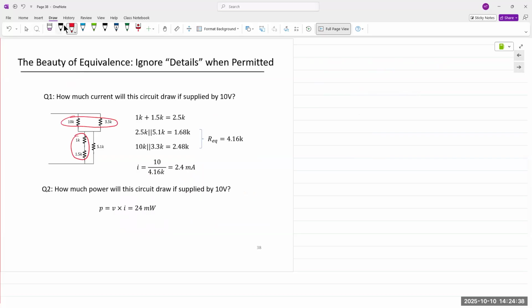And so that gives us Req, in this case measured only between these two points. This turns out to be 2.48 K. This one comes out to be 2.5 kilo ohms, 5.1 kilo ohms.